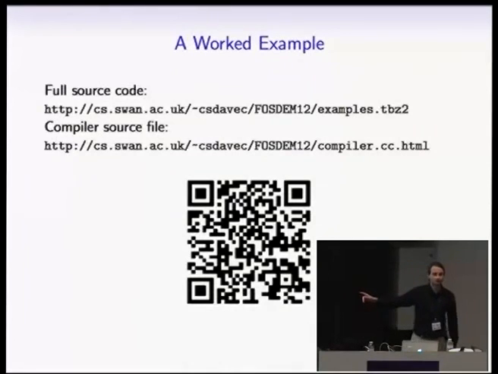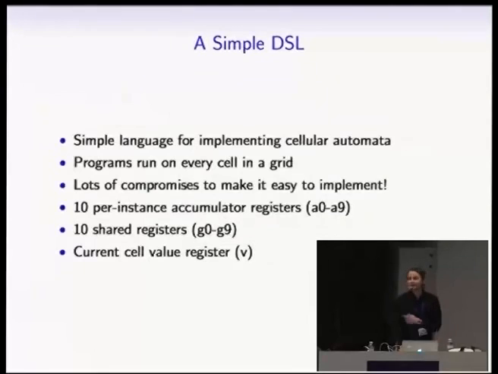If you have a phone that understands these QR code things, it will send you to the compiler.cc.html page. So maybe people following at home can do that, and it'll be easier for people who can't see the slides or are bored with listening to me and just want to read the code.